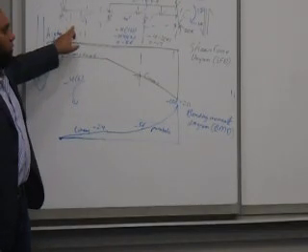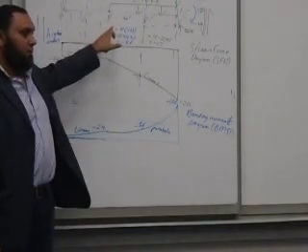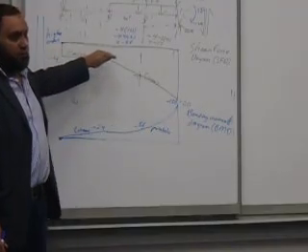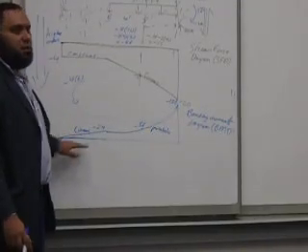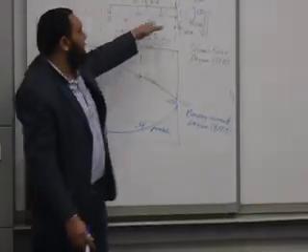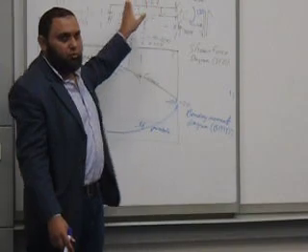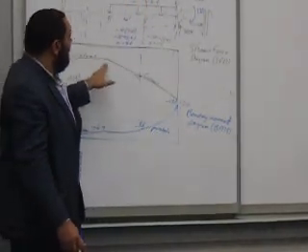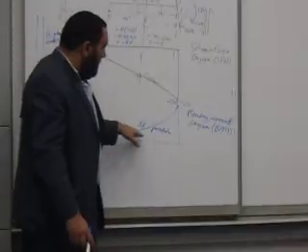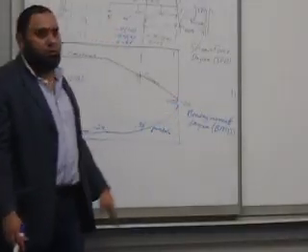We had nothing happening between A and B, the shear force became a constant relationship. The bending moment became a linear relationship. Here I am having a value between B and C, a uniform load. So the shear force is a linear relationship. The bending moment is a parabola.